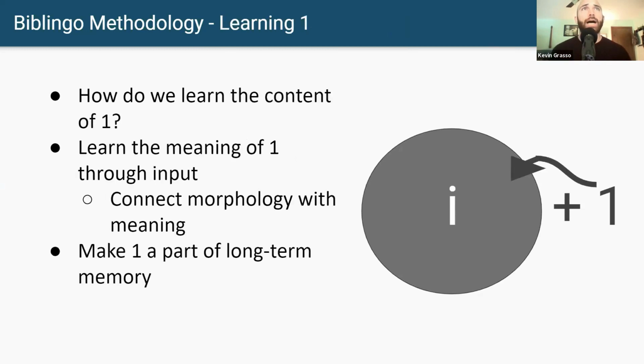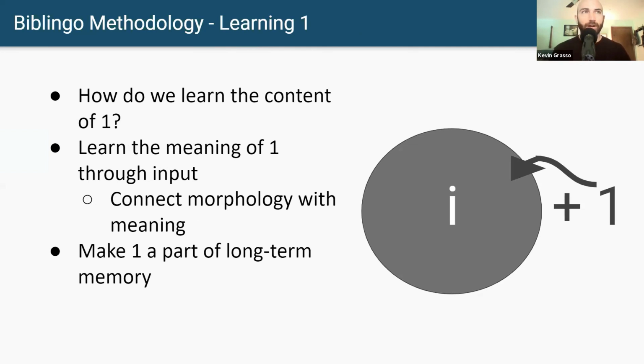Now the question is, how do we learn the content of 1? What exactly is 1? When we talk about 1 and this new content in the language, we're specifically talking about the meaning of whatever that new thing is. We're not necessarily talking about the form of it.